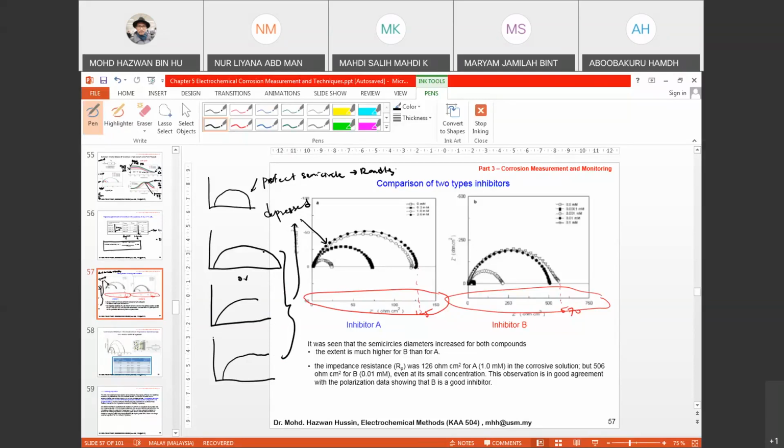So how does depression actually occur? Depression for the Nyquist plot actually occurs due to, first, surface inhomogeneity.